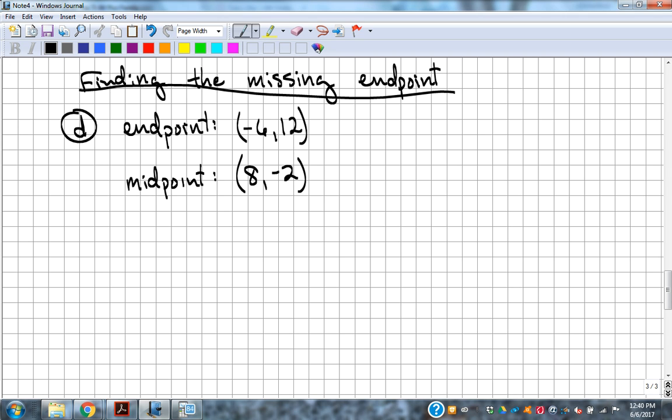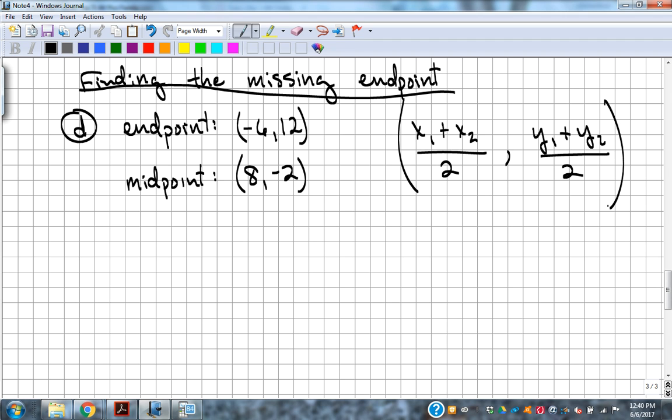So what we want to do is think about the midpoint formula. For the x value, you've got a formula for that. For the y value, you've got a formula for that. So you can set up two different problems, one that does the x's and one that does the y's, and you'll find that ordered pair. To find the x coordinate, we'll start with that one. You set up the midpoint formula for the x coordinate.